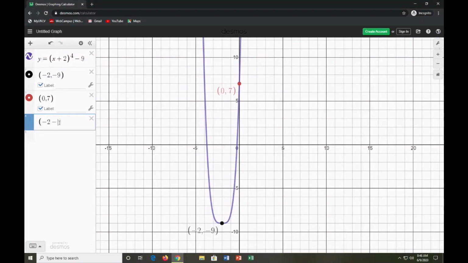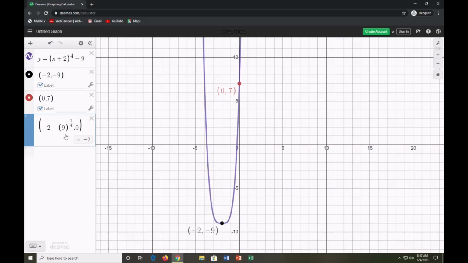So minus 2 minus the fourth root of 9, which would be 9 raised to 1 over 4, and comma 0.